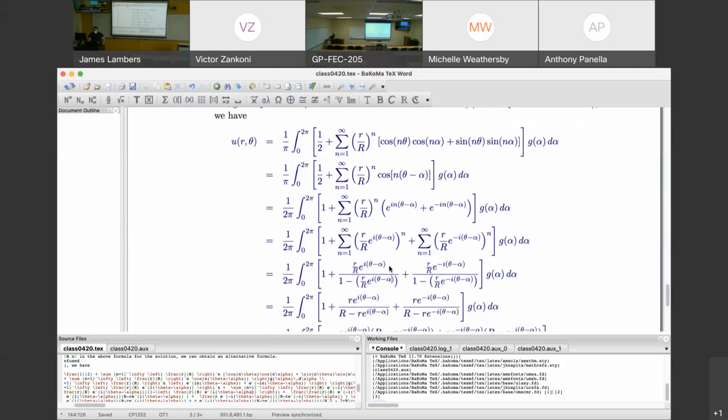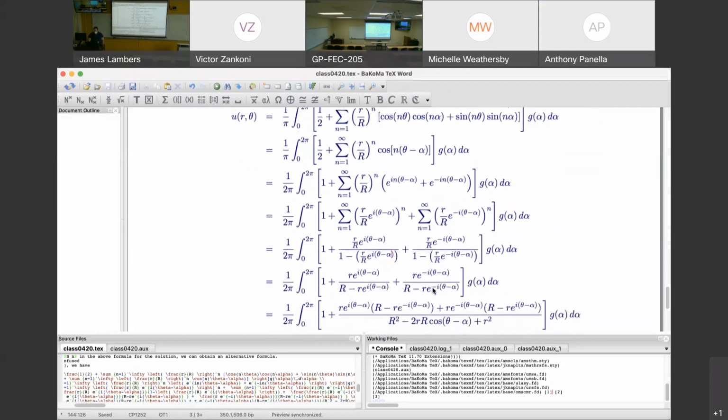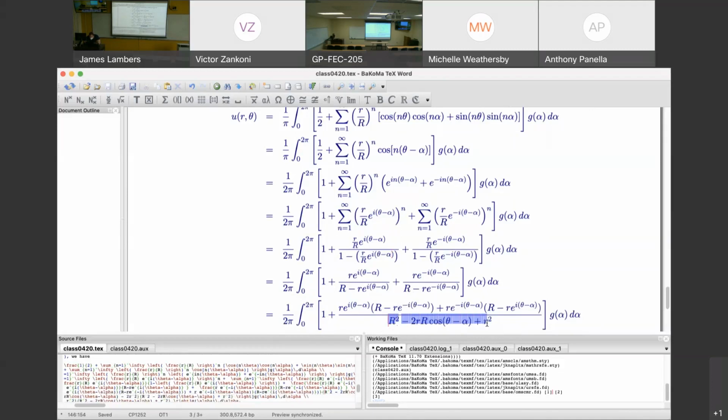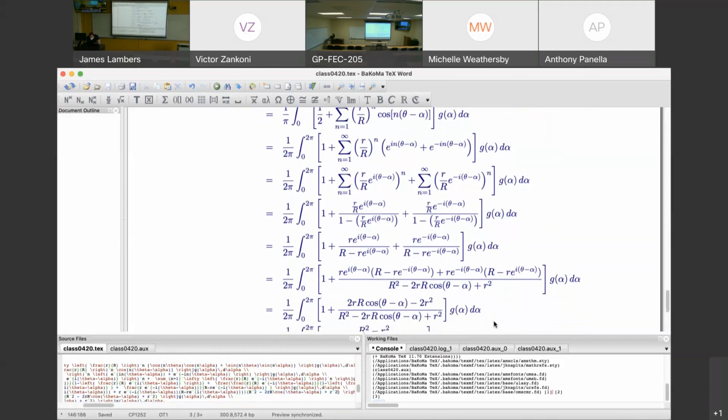First, to clean up a little bit, I'm going to multiply top and bottom by capital R. Gets rid of some pesky denominators. And then put everything here over a common denominator. And that leads to some simplification. We get rid of complex exponentials in the denominator.